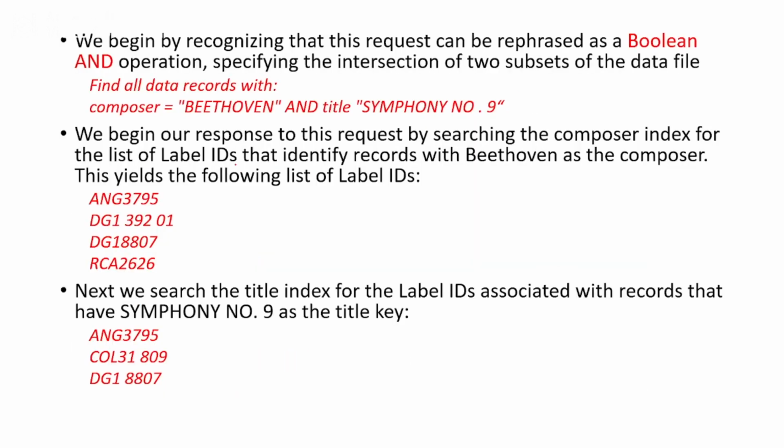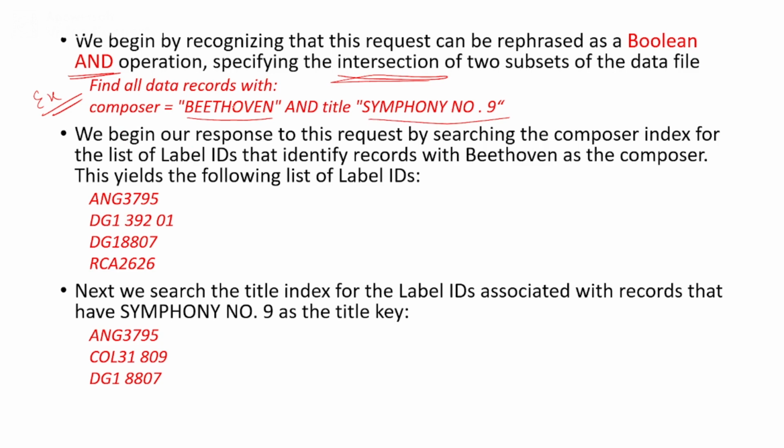Now let us go for an example. We begin by recognizing that this request can be rephrased as a Boolean AND operation, specifying the intersection of two subsets of the data file. Now we need to do the intersection operation. Let me take the example: find all data records with composer equal to Beethoven and title equal to symphony number 9.